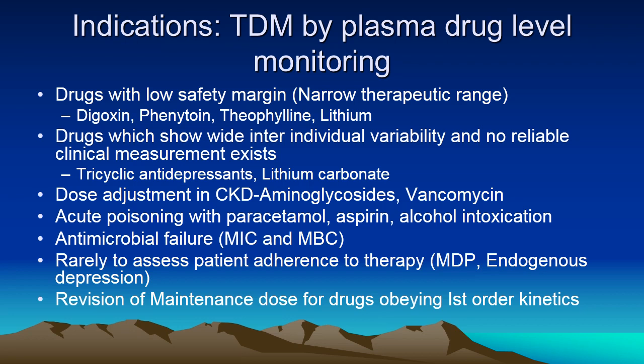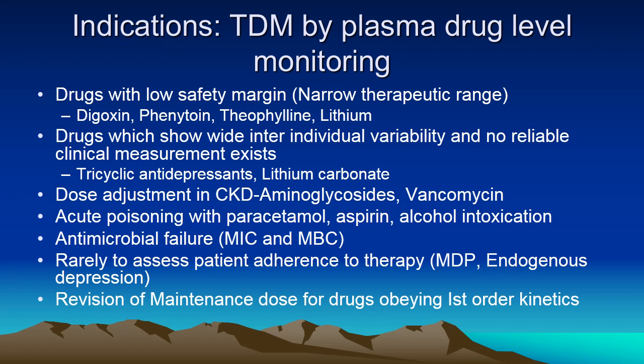Antimicrobial failure, to identify the right drug and right dose: MIC and MBC, minimum inhibitory concentration and minimum bactericidal concentration, are to be measured. Rarely, to assess patients' adherence to therapy, for example, antidepressant or antipsychotic therapy.